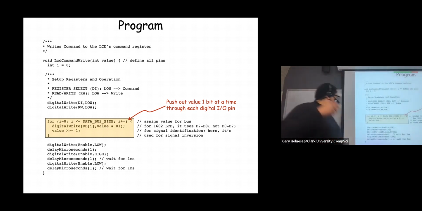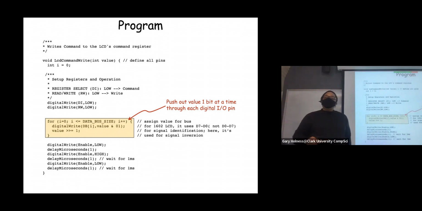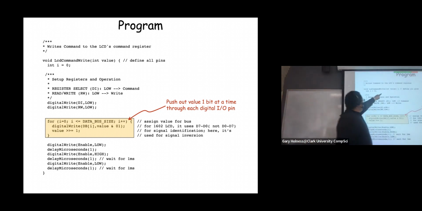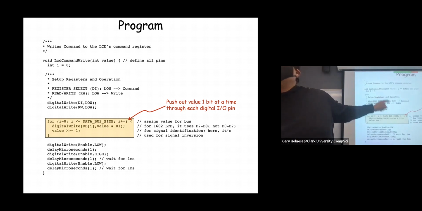Once I do that, I right shift, pushing all the bits one space to the right, and then push out the least significant bit. So it's one bit at a time, done by right shifting and only sending the least significant bit of the value.